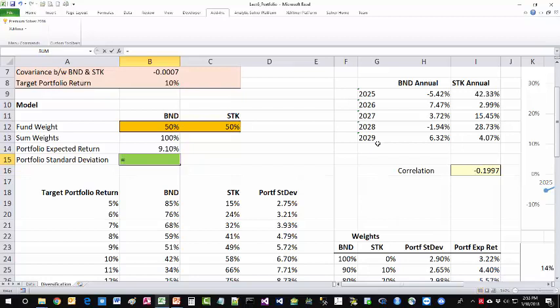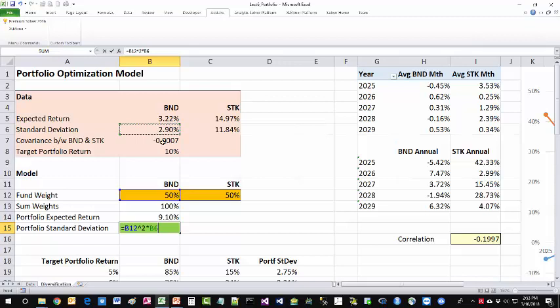You take the bond weight and square it, and then multiply that by the variance of the bond, which is the standard deviation squared. So that's how much the bond investment and its individual risk contribute to the overall variance of the portfolio.